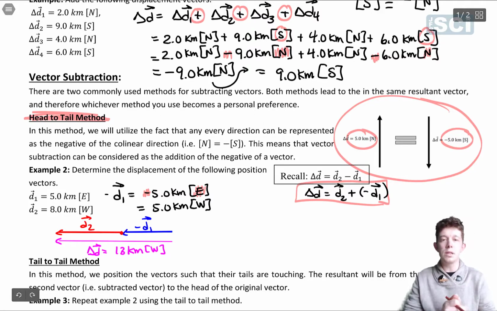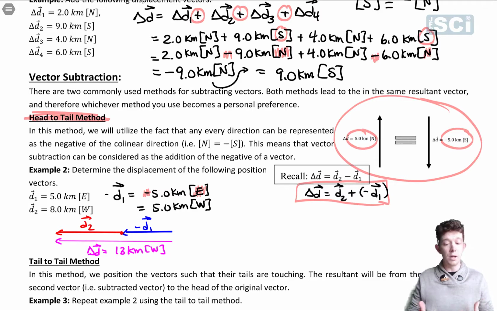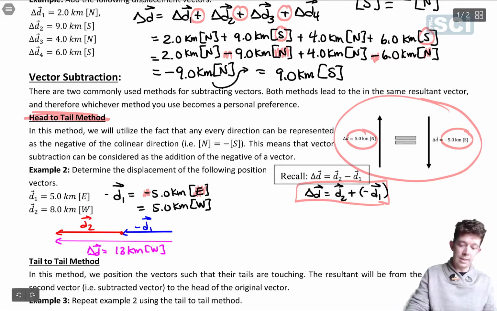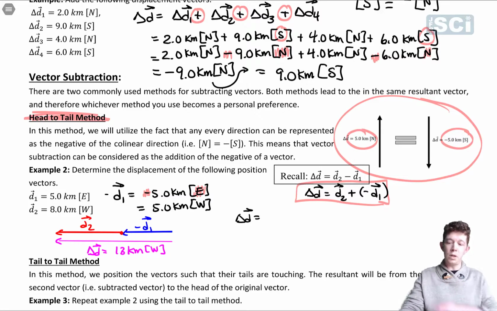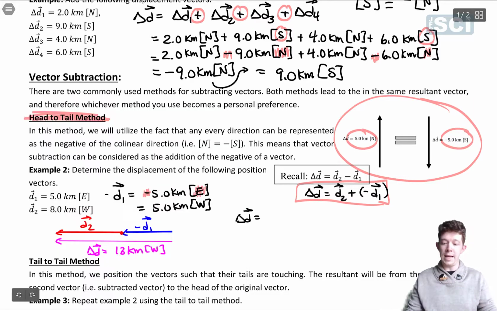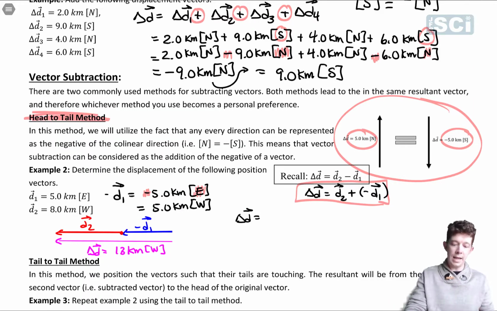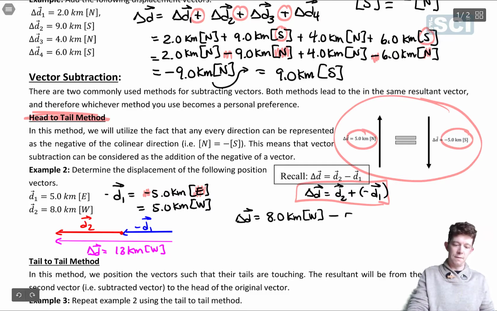Now we should be able to do this with algebra. So let's show how we can do that. Delta D is going to be D2, and I'm going to do it as if I didn't flip any vectors. D2 is 8 kilometers west, and I'm going to subtract 5 kilometers east. Now we're going to use that trick that negative east is west.